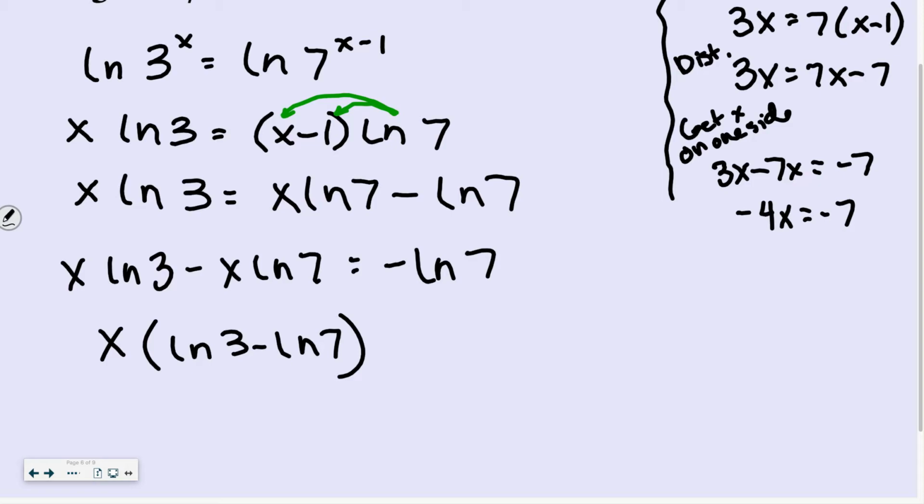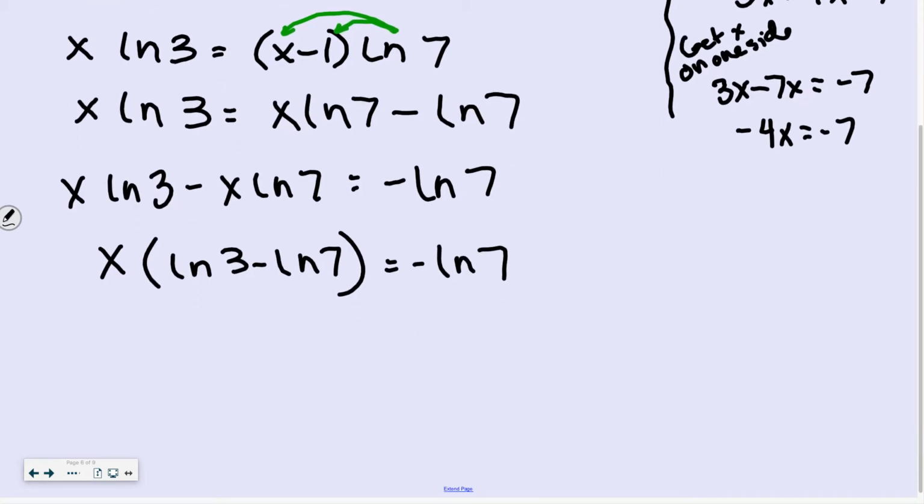You're subtracting their coefficients. So that's equal to negative natural log 7. If you need to mark a note to yourself, what did you do right there? You factored out x. And now can you solve for your x variable?